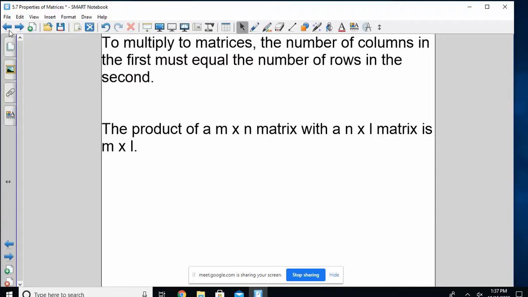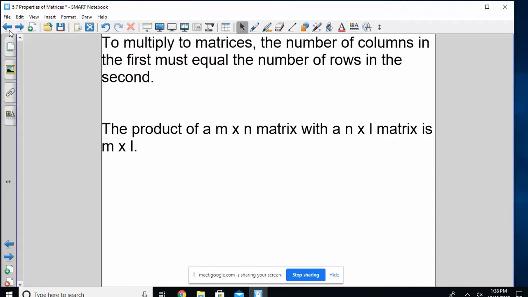In other words, if I gave you two matrices, let's say the first one is a 4 by 2 matrix and the second one is a 2 by 3 matrix. The number of columns in the first, remember, first number is rows, second is columns. So the number of columns in the first has to be the same as the number of rows in the second.